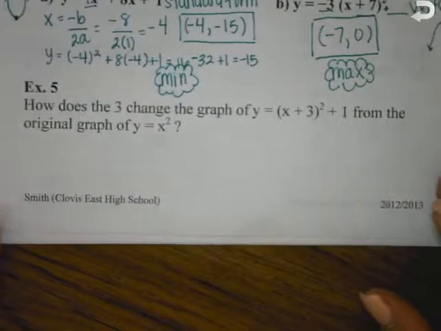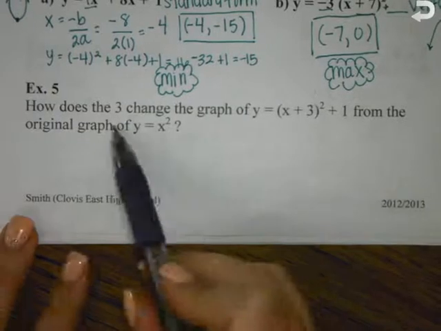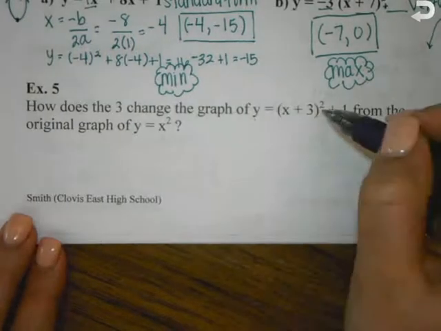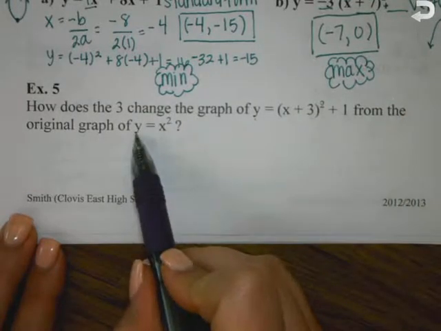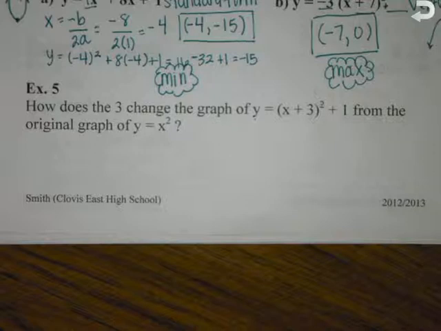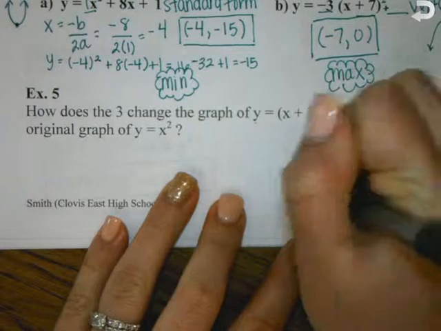Okay? The question is, how does the 3 change the graph of y equals x plus 3 squared plus 1 from the original graph y equals x squared? Okay? Whenever I have a problem like this, I always suggest graphing both and just seeing how it shifts. So while you guys are writing this down, I'm going to draw a graph. It's just a sketch.